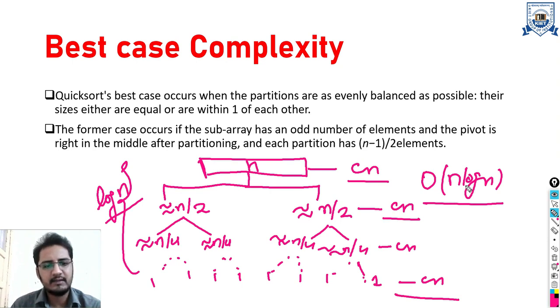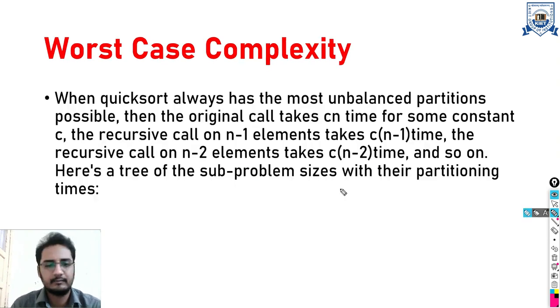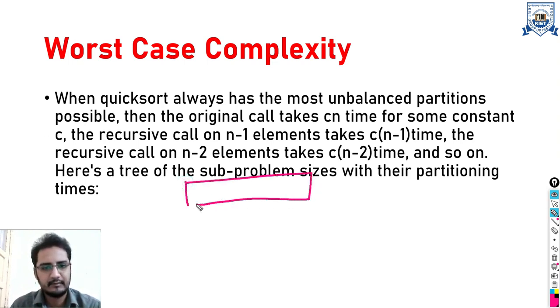Now let's analyze the worst case complexity of a quicksort. Now let us suppose I have an array such that the elements in the array are 5, 4, 3, 2, 1.